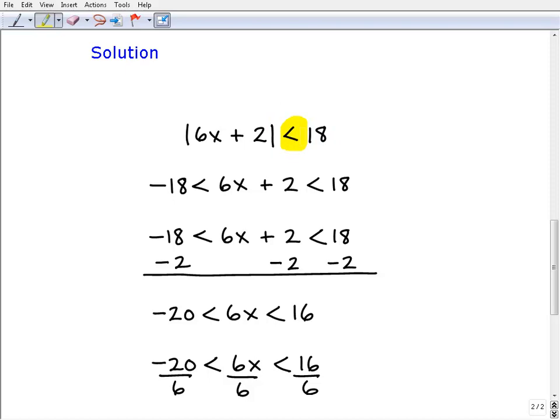So the way we're going to solve this absolute value inequality is to rewrite it as a compound inequality. You can see here the way this is rewritten, there's no more absolute value symbols.